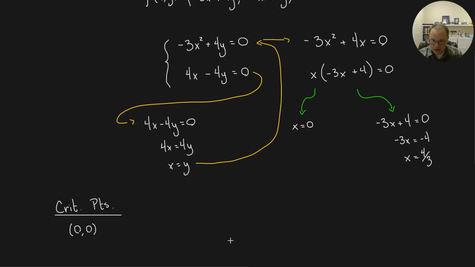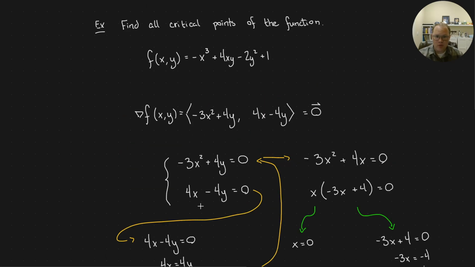So one of the critical points is 0, 0. And then the other critical point I get when x is 4/3 and y is 4/3. And those are my two critical points for this particular function.